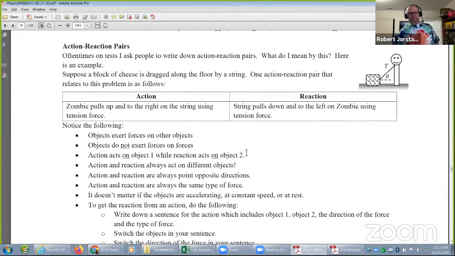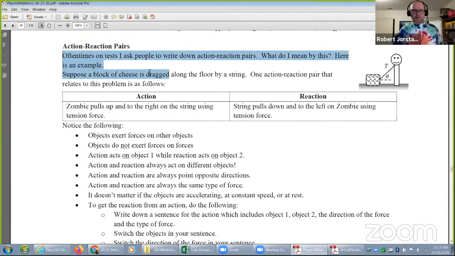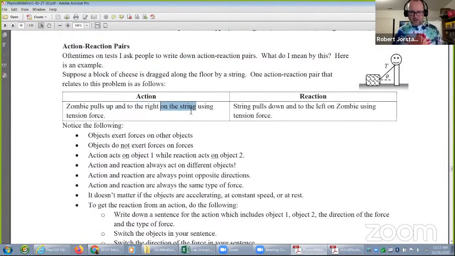All right, so let's see what else we have in here. Okay, so here's an example. Let's say a zombie pulls up and to the right on the string using tension. Well, what is the reaction to that? I just want to show you what I'm doing here. It's flipping the sentence.